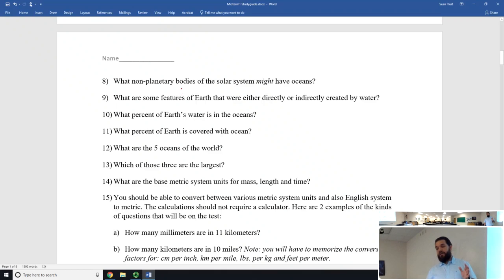Some of those are Europa and Enceladus, okay? Europa is a moon of Jupiter, Enceladus is a moon of Saturn, and perhaps even Ganymede, which is another large moon of Jupiter. It's another option.